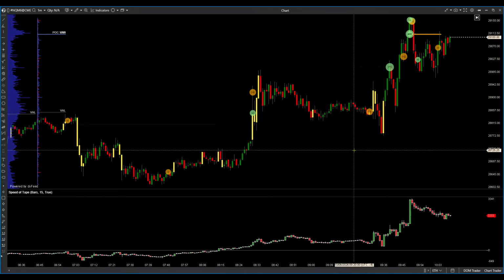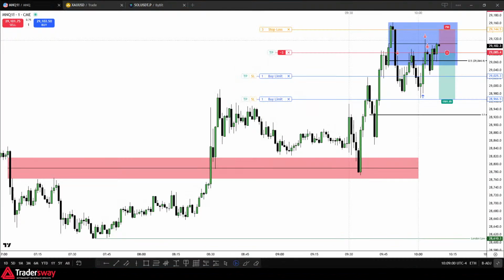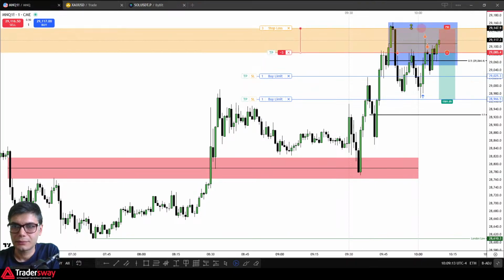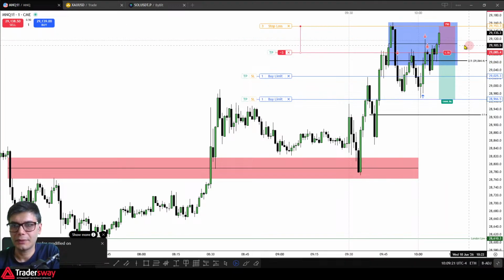Let's go to the platform. See that price action. Okay, it's insisting. Yep, that's closing above it.